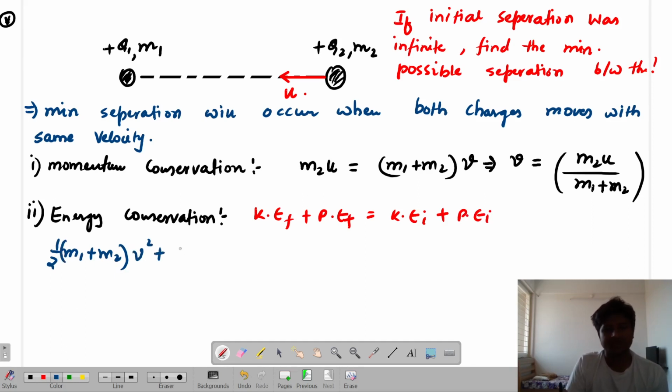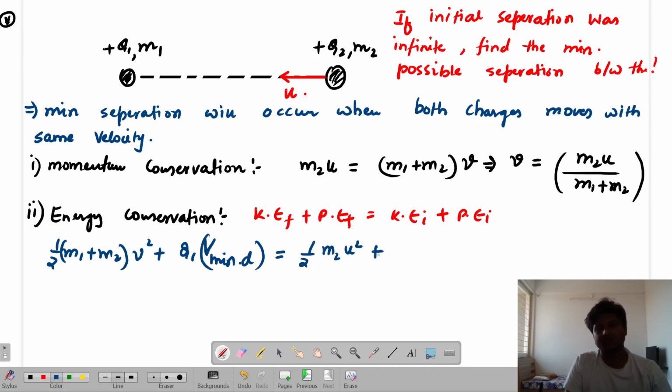Final potential energy: consider any one charge moving, so I consider q1 and the potential between them at minimum distance. That is equal to kinetic energy initial, which is half m2 u square, plus potential energy initial, which is 0.